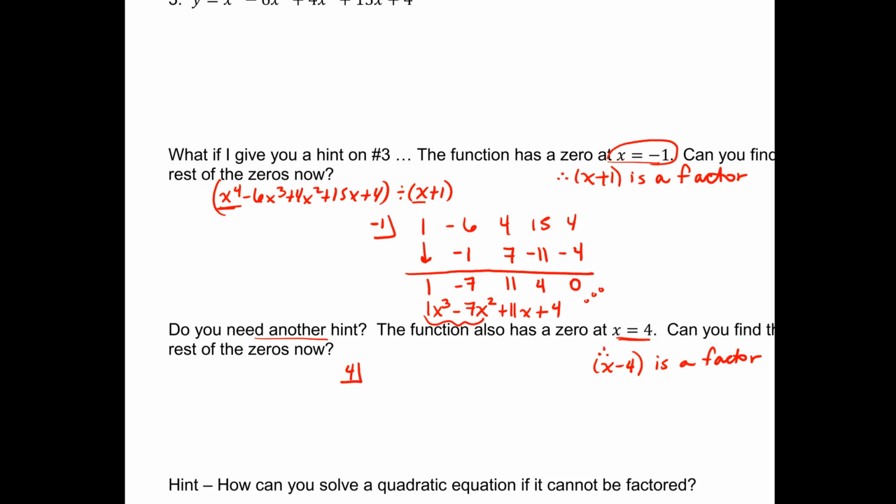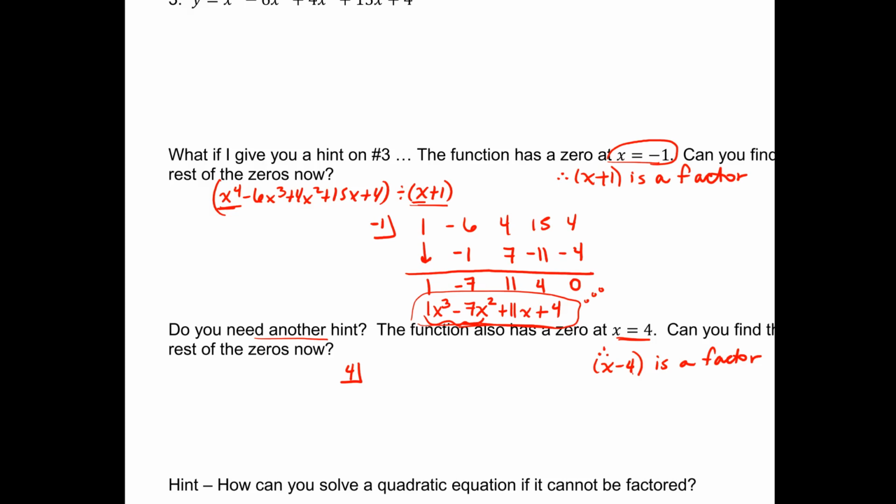And what am I dividing that into now? Yeah, this one here. Because right now, I know that x plus 1 is a factor. I know that this is a factor, and I have another 0 value. So I'm going to divide this into here.